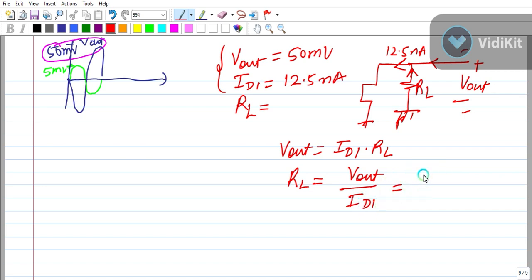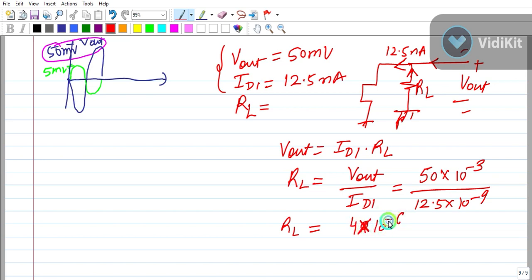What is the V out? V out is 50 millivolt, means 10 raised to power minus 3, and ID is 12.5 into 10 raised to power minus 9. So RL will become 4 into 10 to the power plus 6.